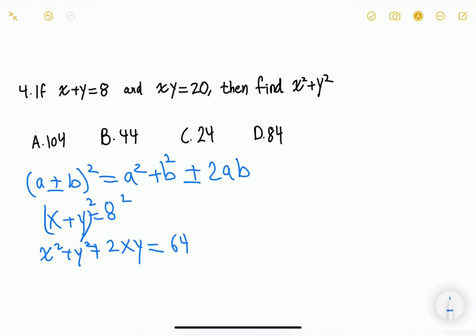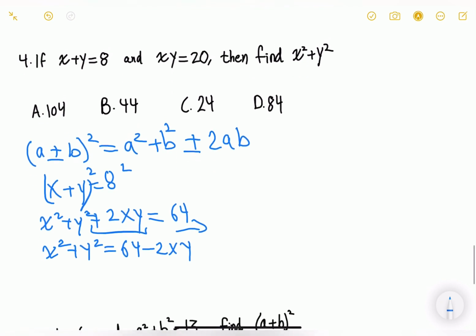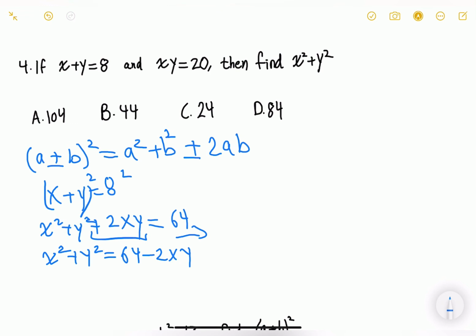And now we're going to just simply solve. So x squared plus y squared equals 64 minus 2xy, because we simply just moved this to the other side. Now, we can do x squared plus y squared equals 64, and then we're simply going to do 2 times 20.